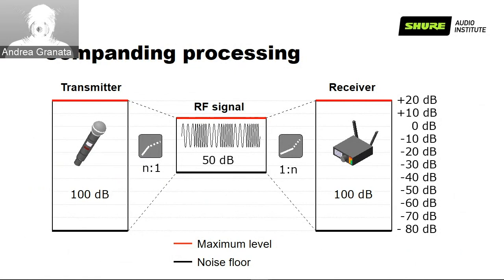This means that we can have about 50 dB of dynamic range. Therefore, we need at the transmitter stage to apply a compressor, have a compressed signal to travel over the air, and then an expander at the receiver stage will bring the signal back to normal.